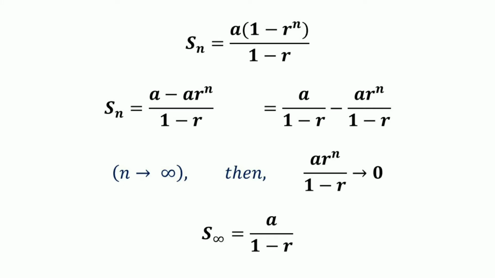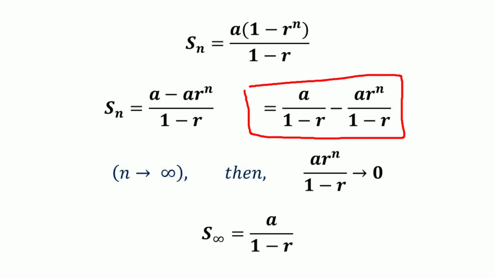Now this formula can be rewritten in two separate terms, that is a divided by 1 minus r, minus ar raised to the power n divided by 1 minus r.